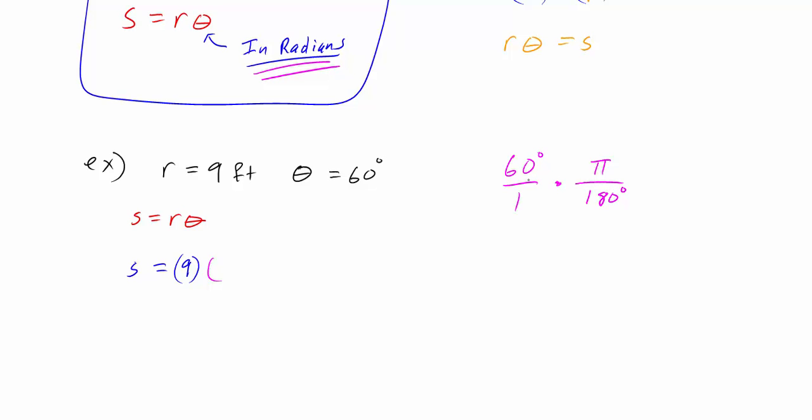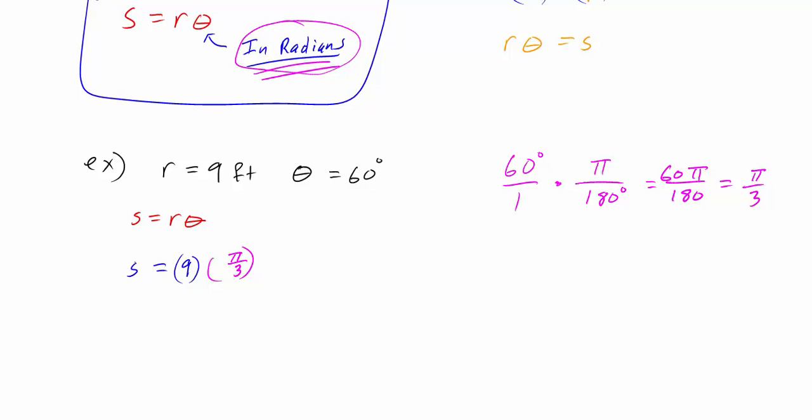And if we do that, we would have 60 pi over 180. If you reduce that fraction, 60 into 180 is 3, so you would have pi over 3. So over here, we have to use pi over 3 as our angle. That's what I mean up here when I say this angle has to be in radians.